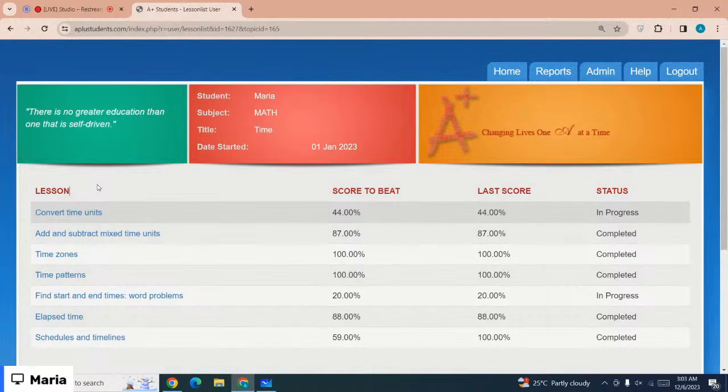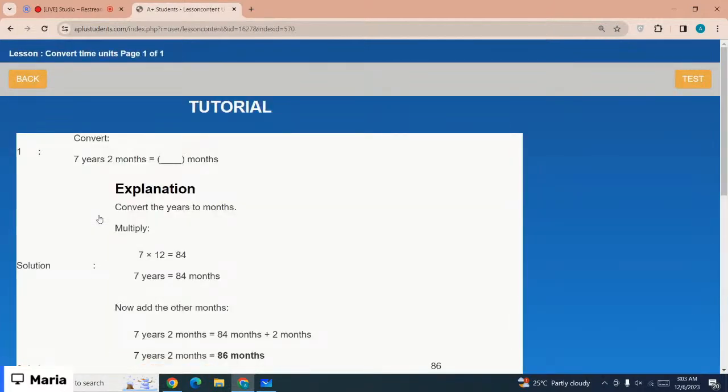Here I'm on grade 5 math. The chapter we're going to start with is time. Let's start with the first lesson, that is convert time units. So what do you know about time? What are the time units? You have different units to measure the time.